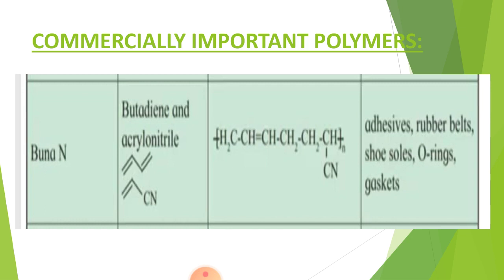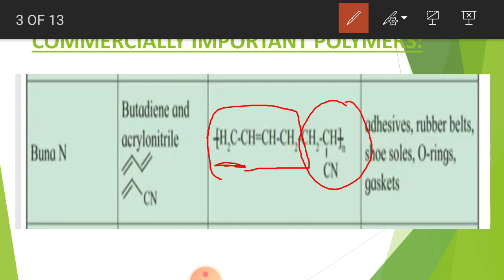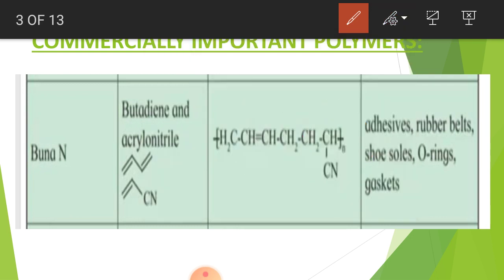The polymer structure is CH2 single bond CH double bond CH, CH2. Up to here this is your butadiene, and this is your acrylonitrile or vinyl cyanide. Here addition polymerization will take place, and these two monomers will merge and give you the Buna N structure. That is your polymer Buna N.